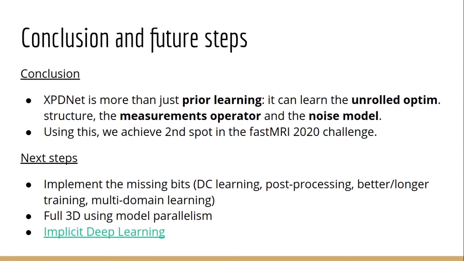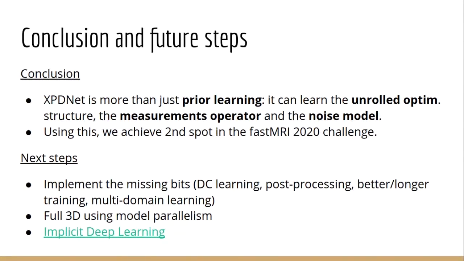What could also be interesting in the direction of research is to go with a fully 3D model using, for example, techniques like model parallelism. So basically, trying to benefit from multiple GPUs to parallelize the convolutions in the network.